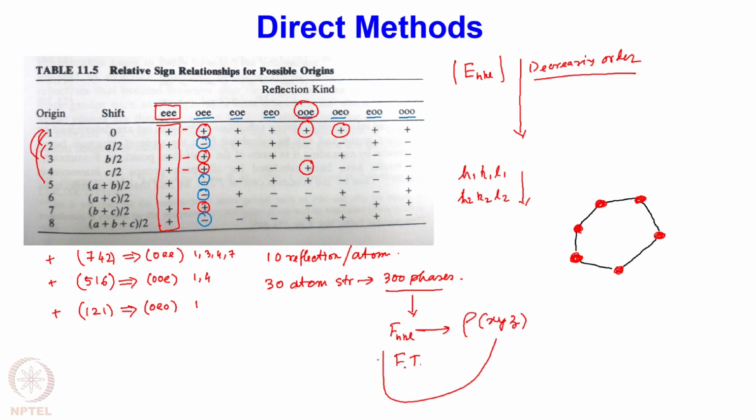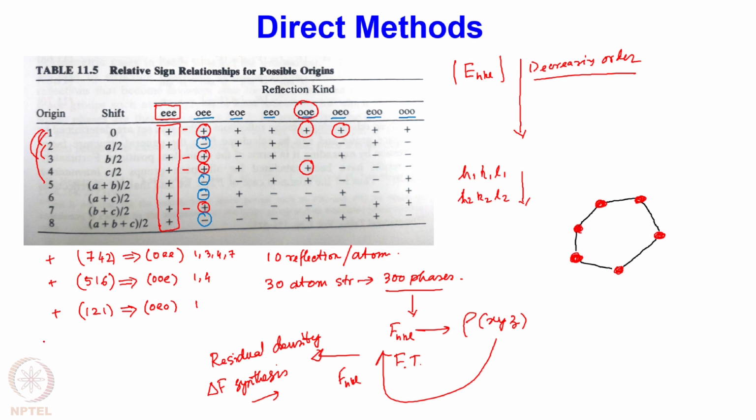What we do then is the inverse Fourier transformation and try to get the residual density from a delta F synthesis, and we try to complete the structure. And if this phase guessing method is wrong, that means we start going back and forth in this method.